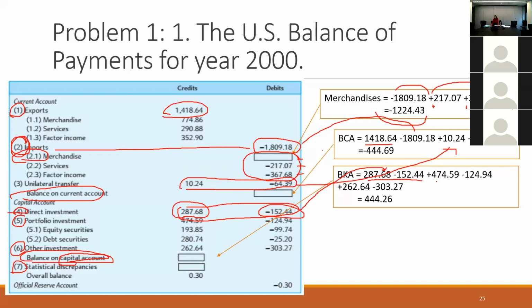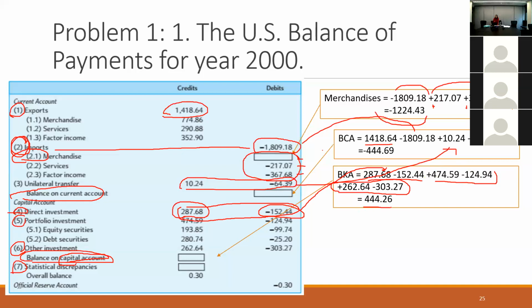For section 5, sorry, which is the portfolio investment, it will be the sum of these two numbers. And finally, for other investments, I would take the sum of these two numbers. Yeah. So by this calculation, my capital account is around 400 and something as well.